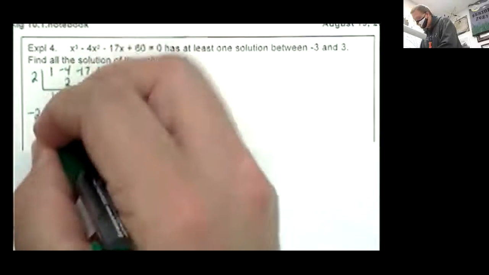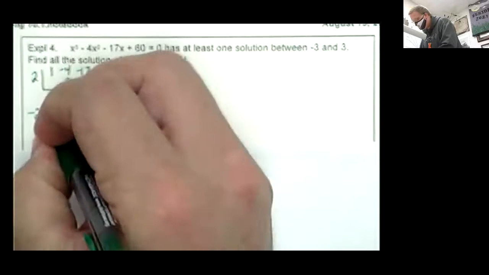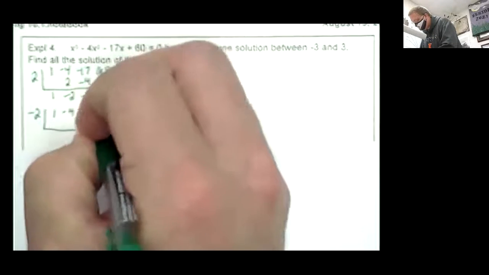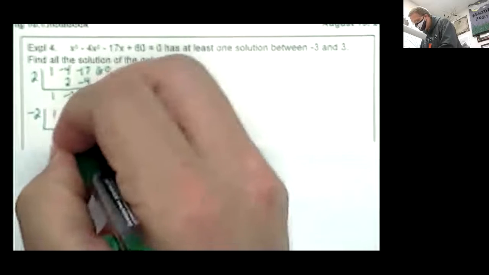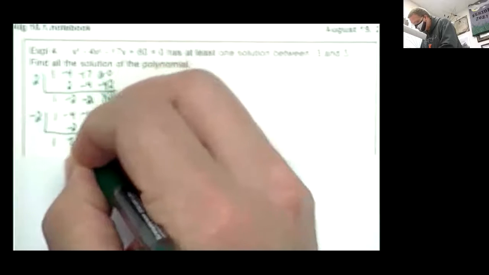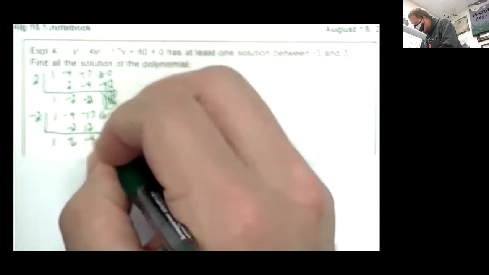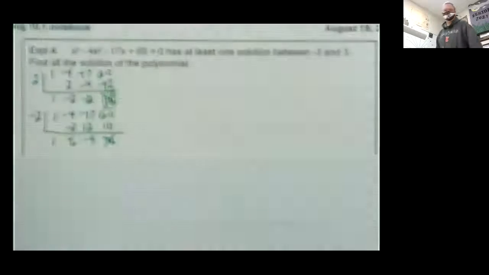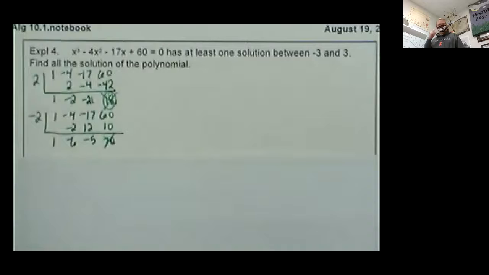Let's try -2. We'll do the same thing. So 1, -2, add is -6, times is 12, that's -5, that's 10, that's 70. Well, that didn't work. Again, that's not a 0. Let's try another number. Let's try 3.